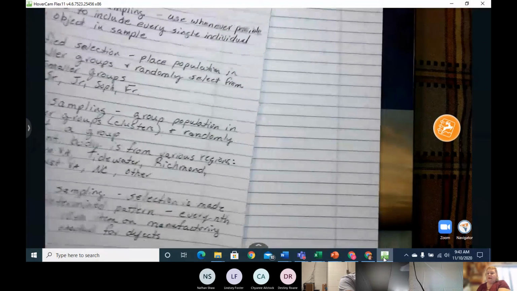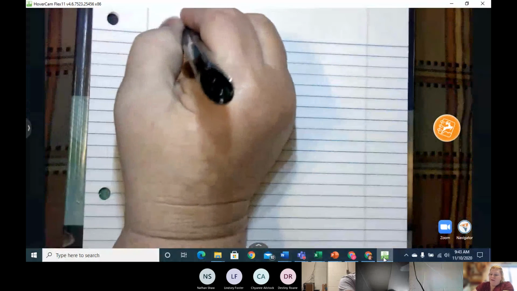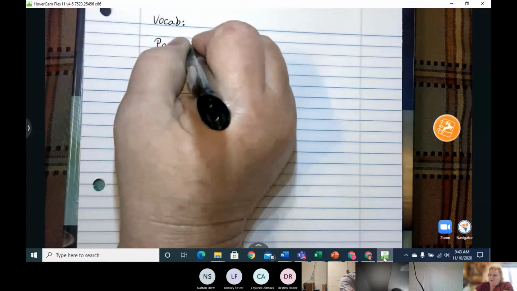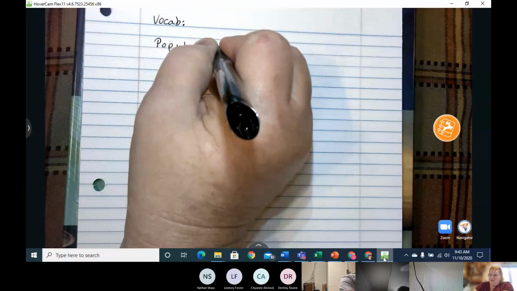All right, the last little bit I want to finish up with is just to go over the vocabulary terms in particular that we've used in the lesson, to be sure that you do understand the vocab. Some of the words that we've used, just to be sure that you have a good meaning of them. So one of the terms that we used quite a bit was population.